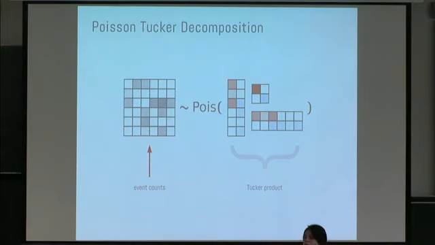This time, however, we assume that each element in our event count matrix was drawn from a Poisson distribution whose rate parameter is the corresponding element in the n by n matrix obtained by taking the Tucker product of the core matrix and 2 copies of the factor matrix, one for senders and one for receivers.